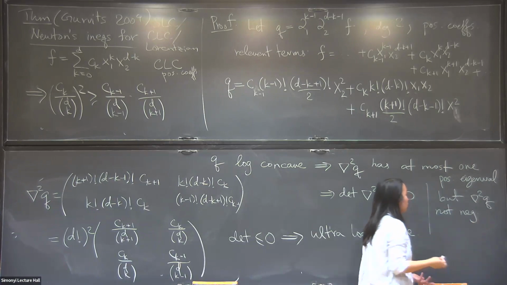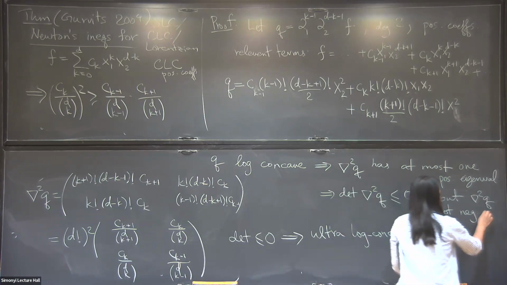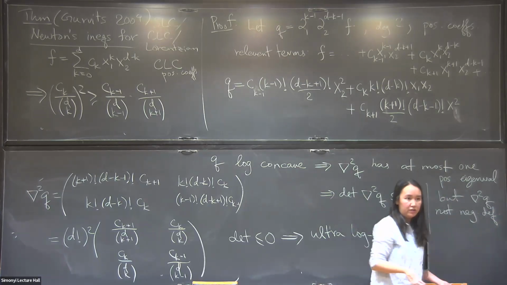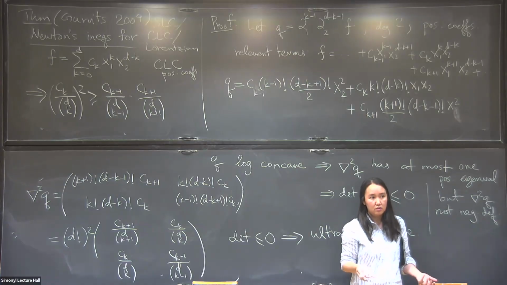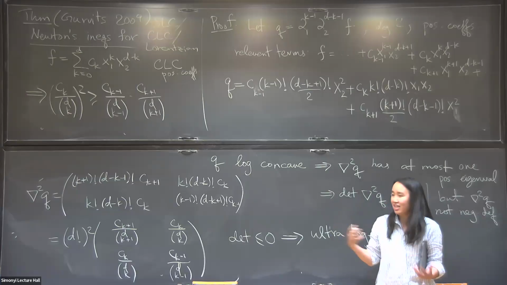It cannot have two negative eigenvalues. It's non-negative because it's a polynomial with all positive entries. Oh, so it in fact has exactly one positive eigenvalue and therefore the product of the eigenvalues must be nonpositive. That's right, exactly one. Well, it can be degenerate with 0.